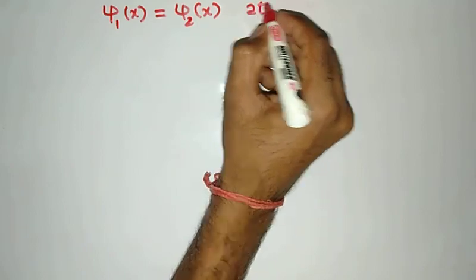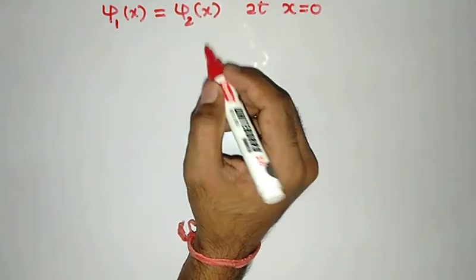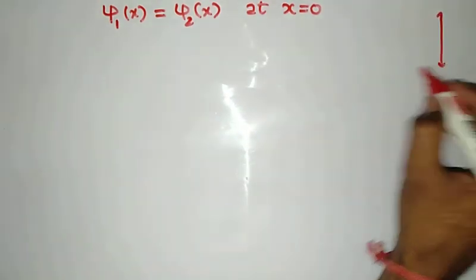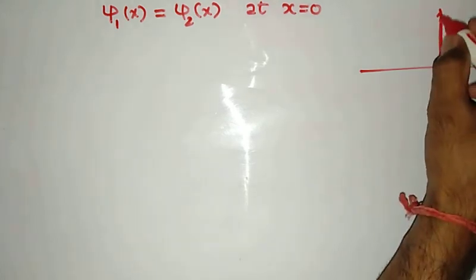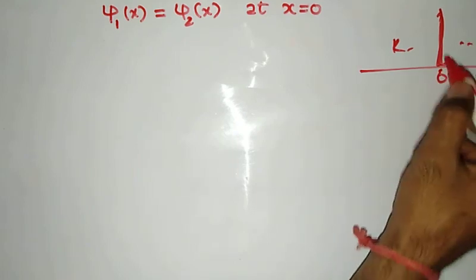This is at x is equal to 0, and we know the figure, like this one. So this was a point, a boundary for region first and second. So we are treating here.